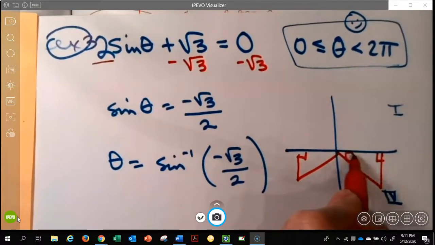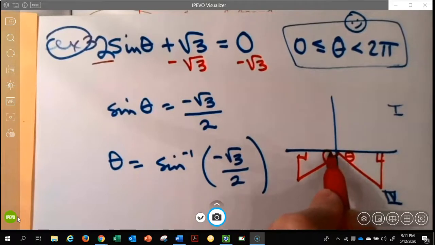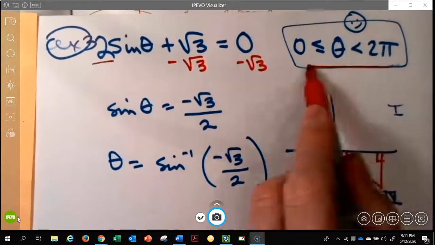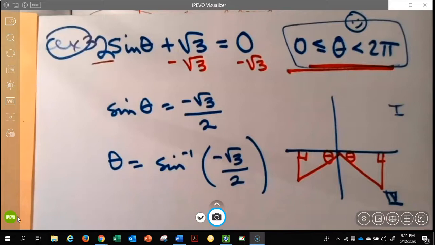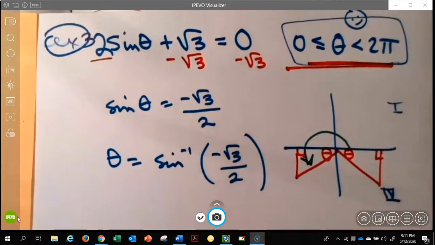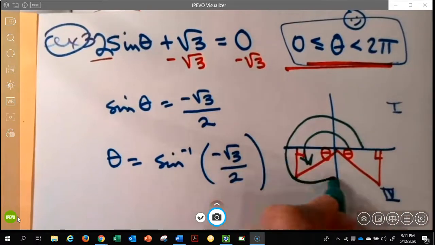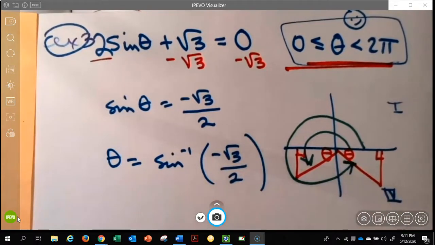So I'm looking for this theta or this theta. And if I'm trying to find 0 to 2 pi, then that means I'm actually looking for this angle, and I'm looking for that angle.